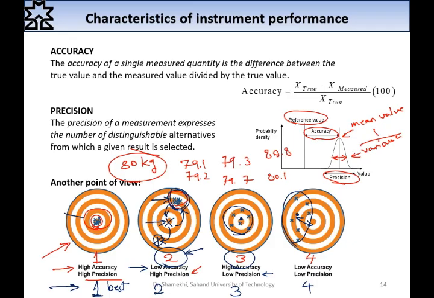They are close together, but we maybe have some instrumental problem. The shooter wants to hit this point and all of the results have hit that bad point with some distance from the center.